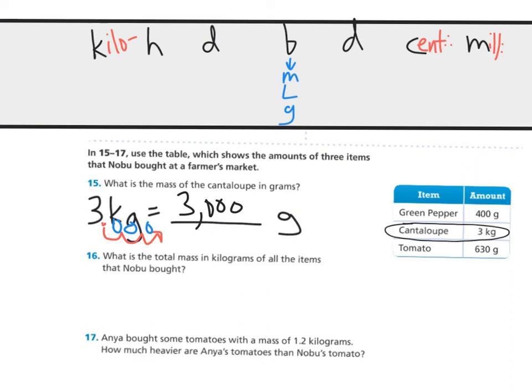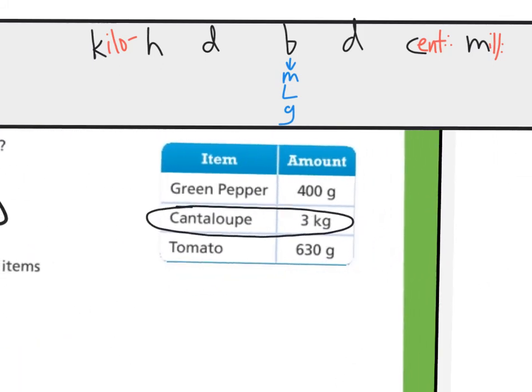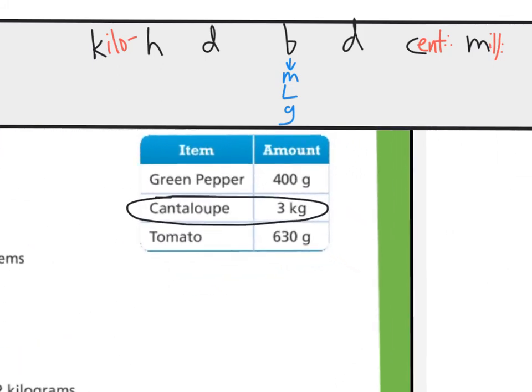Then if we look at number 16, they're asking what is the total mass in kilograms of all the items Nabu bought. So they want it all in kilograms. Well, the cantaloupe already was in kilograms. The green pepper and the tomato were not. So a couple ways you could do this. You could change both of those over to kilograms first and then add them all together.